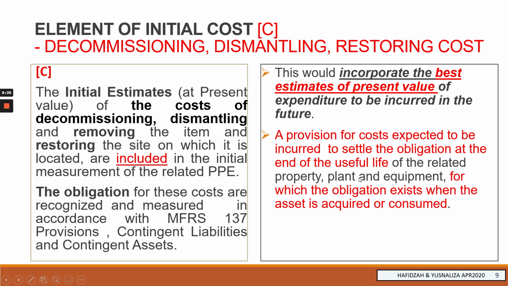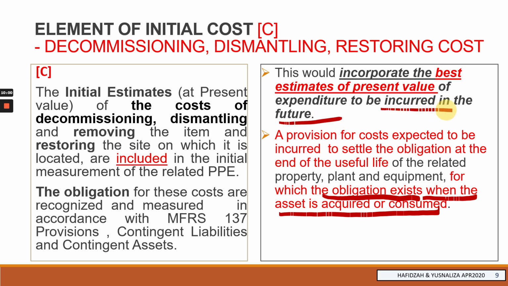And this obligation for the related property, plant and equipment has to be included in the initial cost, as the obligation already exists when the asset is acquired. Even though it will be incurred in the future, on the date of acquisition you need to know the present value, or today's value, of the future costs of removal, restoration, decommissioning, or dismantling.